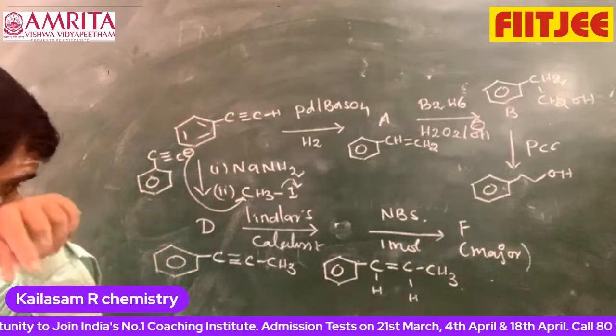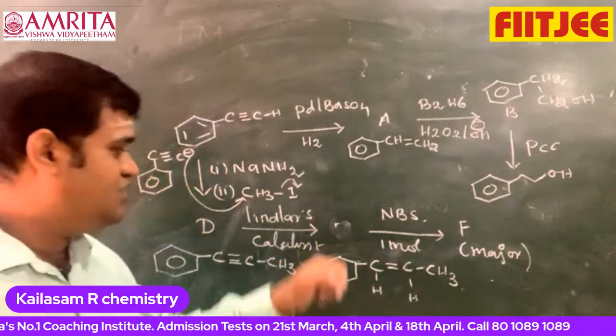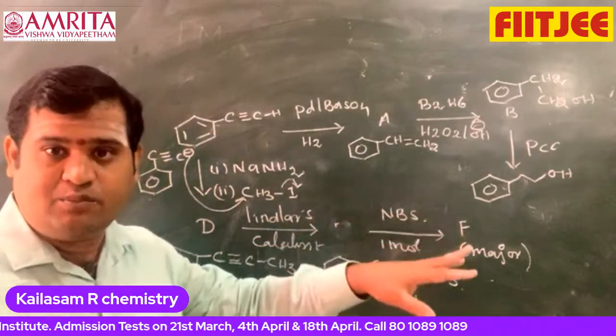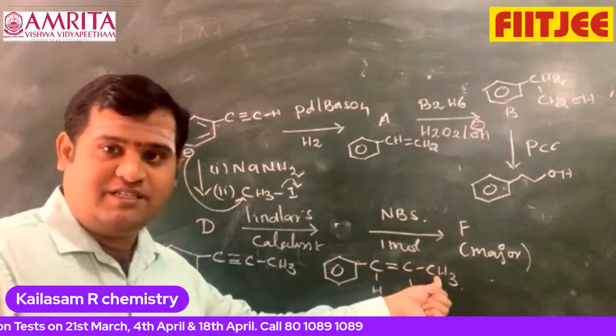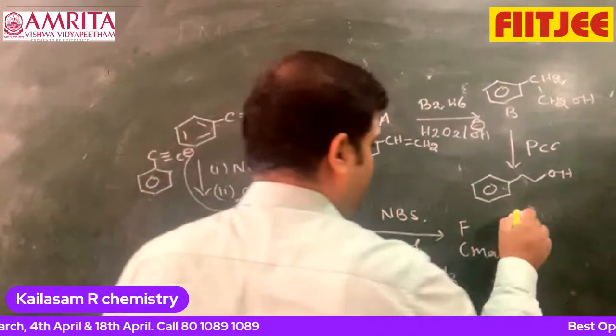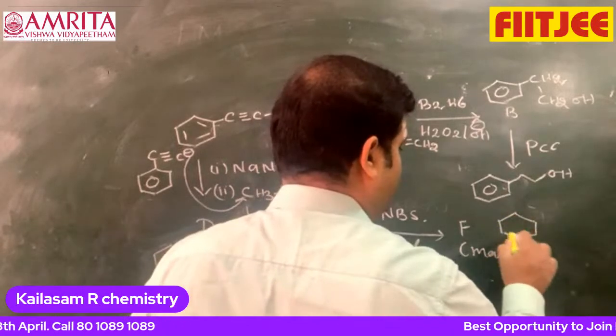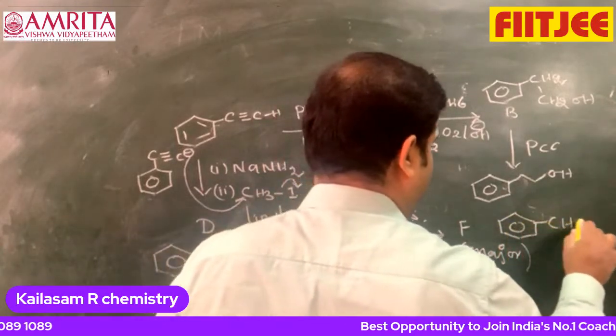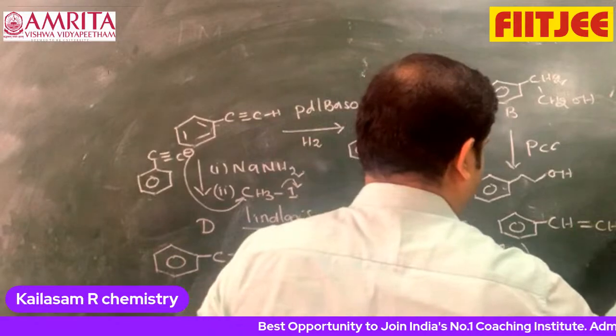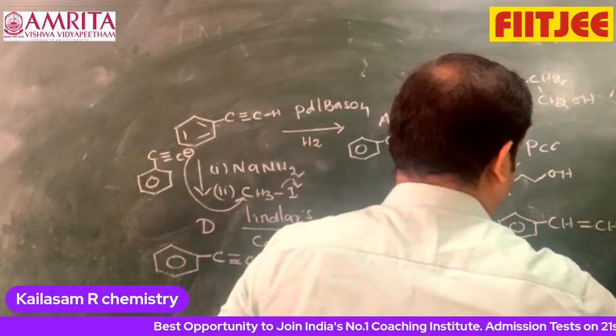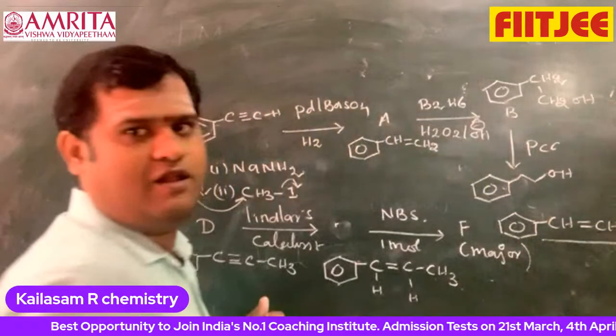Now we are going to use NBS. NBS is for allylic and benzylic substitution. This is an allylic carbon, it forms a stable radical. That's all.